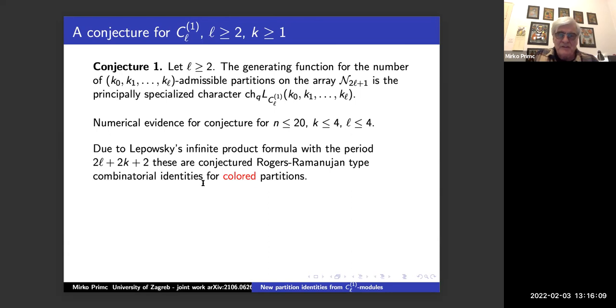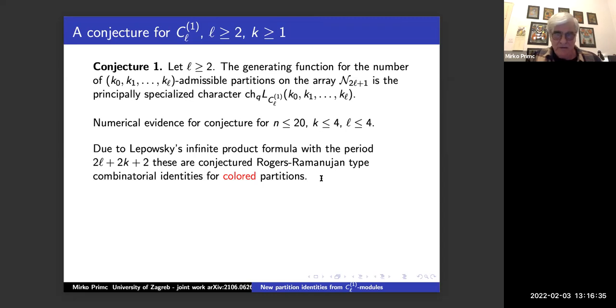Due to Lepowsky's infinite product formula with the period 2L plus 2K plus 2, these are conjectured Rogers-Ramanujan type combinatorial identities for colored partitions. So it is clear that one side, satisfying difference conditions, is on an array that is colored. These are colored partitions.